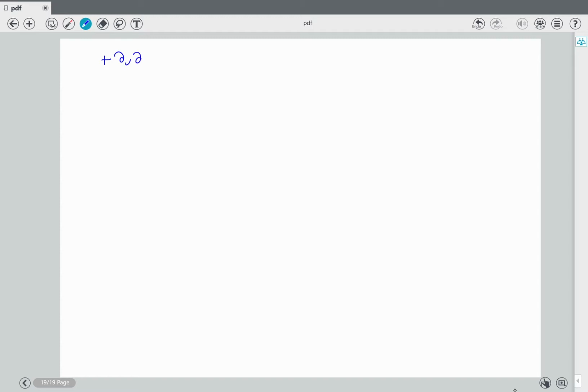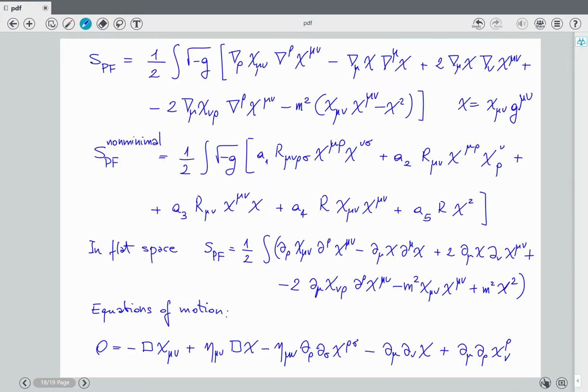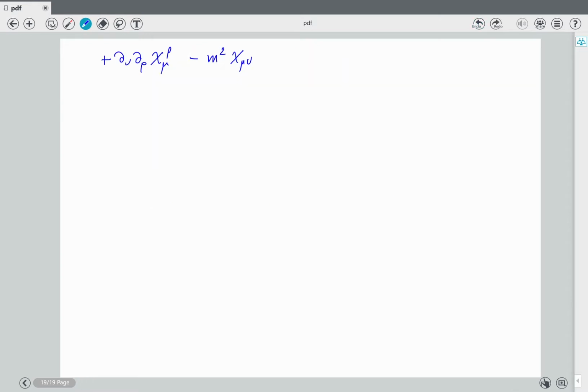Plus del nu del rho chi mu rho. Then the mass here and the mass with the trace. That is equal to 0.